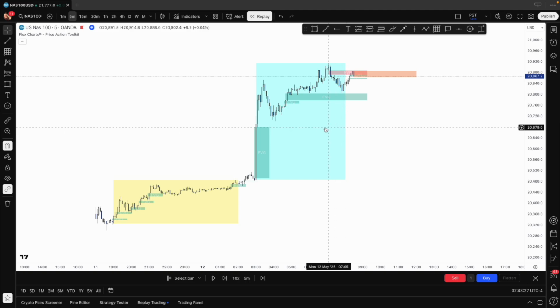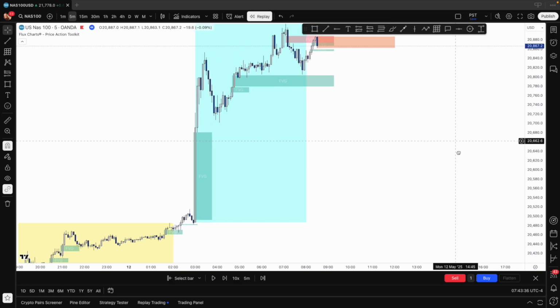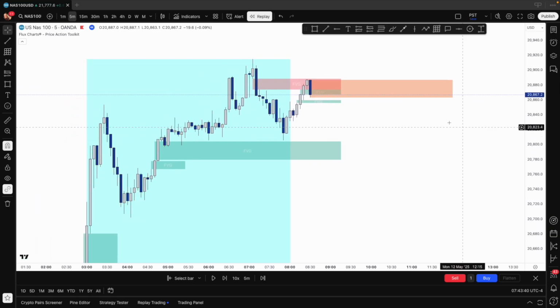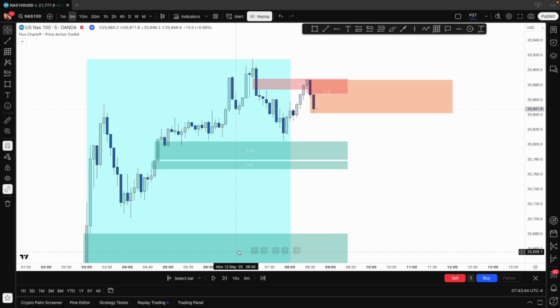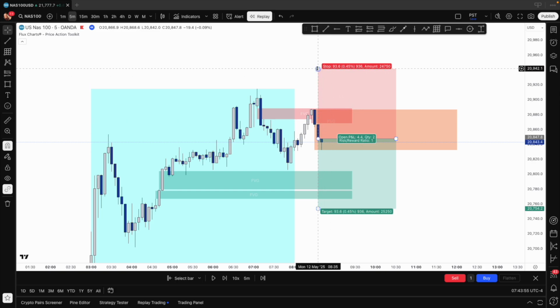All right, so here you can see we clearly had our Asia session, a huge push inside the London, and now we're waiting for a reversal where we have a bearish fair value gap forming inside of the New York session. There's our very first fair value gap that has formed inside of the New York session. So you're going to enter your trade straight away from the third candle.